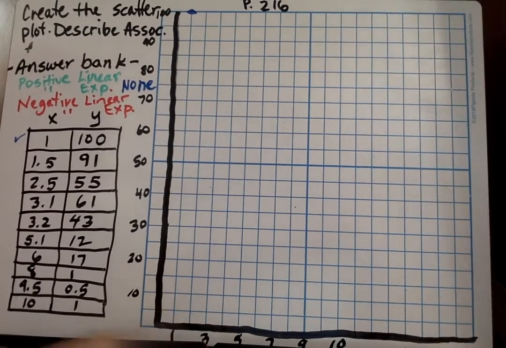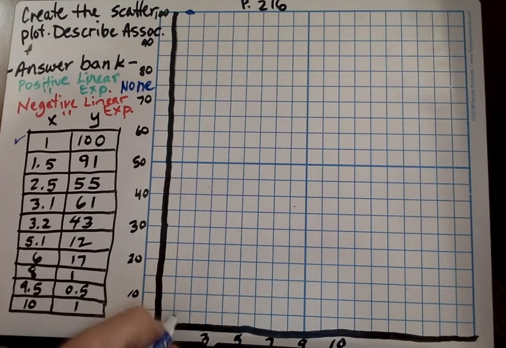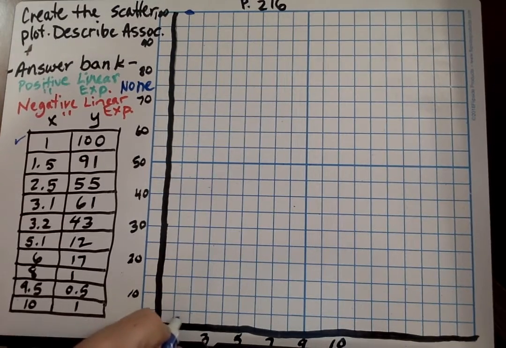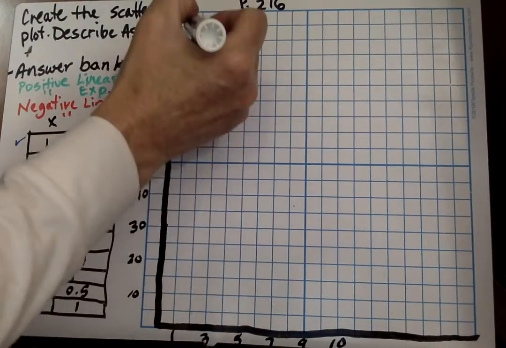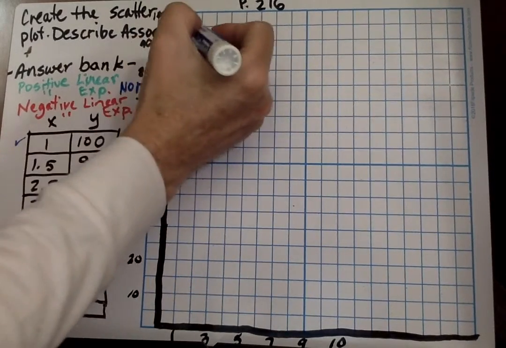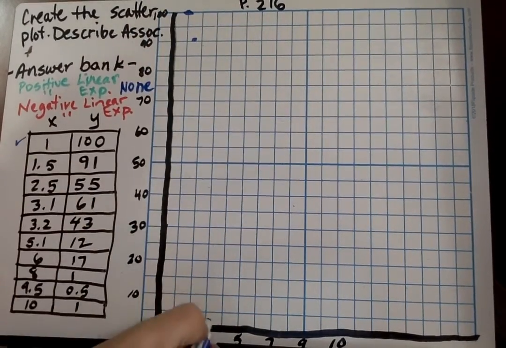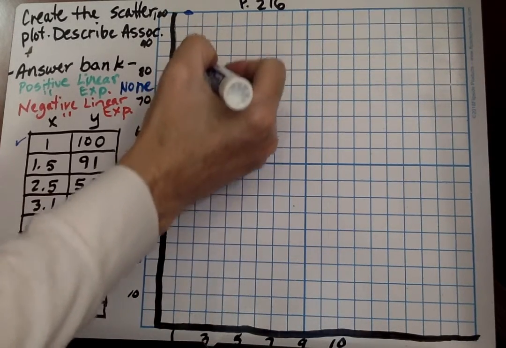So I know this is 2 right here. So I go in between 1 and this 2 right here. 1.5 and 91. So 1.5, 91, right there. And then we go 2.5, 55. So 2.5, 55.